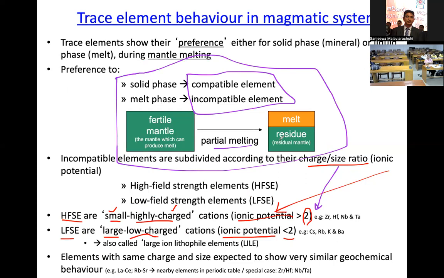If you are talking about the residue, then the more you melt the mantle, the more highly mafic it becomes. But if you are talking about the melt, the more you do the melting, the more felsic it becomes.